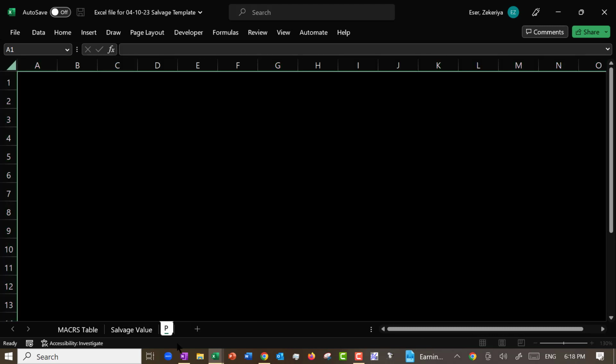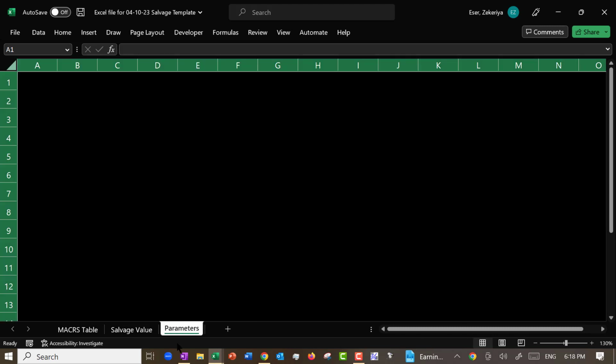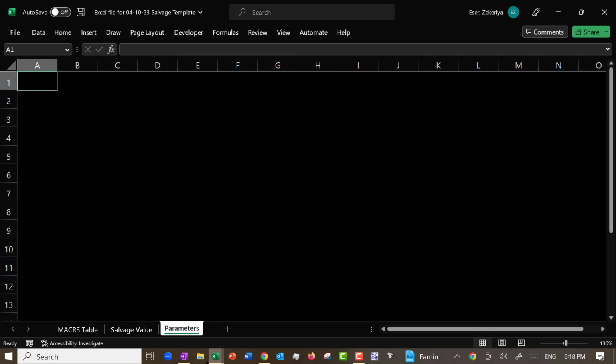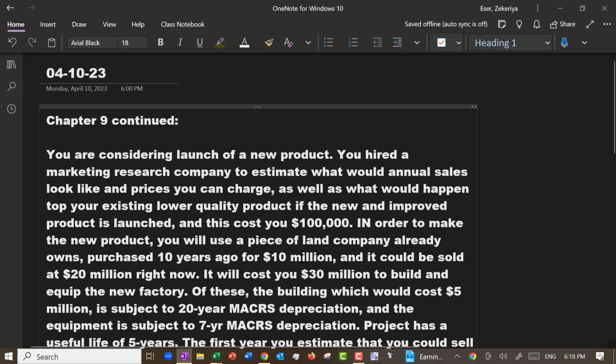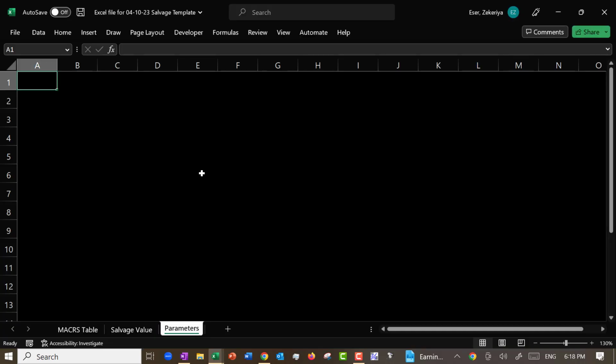Let's call this parameters. You know, the inputs. I'm just going to enter the numbers that we put in. Marketing cost, or marketing research, 100,000.